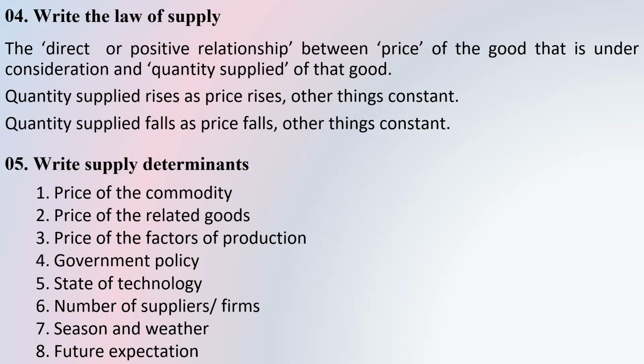We can identify them as the suppliers. Then what are the determinants, the factors that impact supply? The price of the commodity, the price of related goods, the price of the factors of production, government policies, technology, number of organizations, seasons and weather, and future expectations.